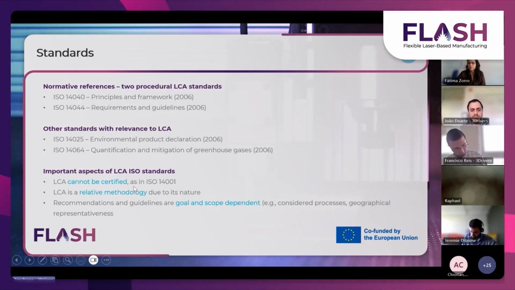Another thing to consider is that a life cycle assessment cannot be certified because it is a relative methodology. It depends only on the goal and scope defined in the functional unit.